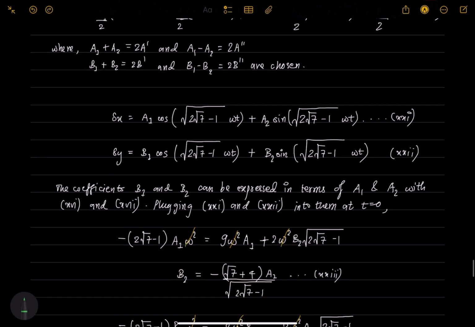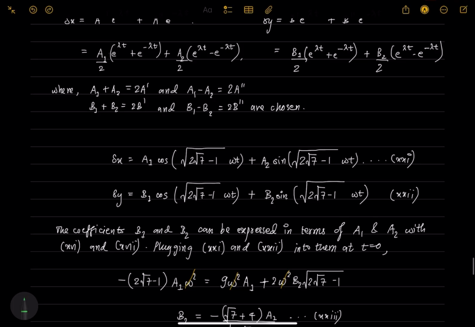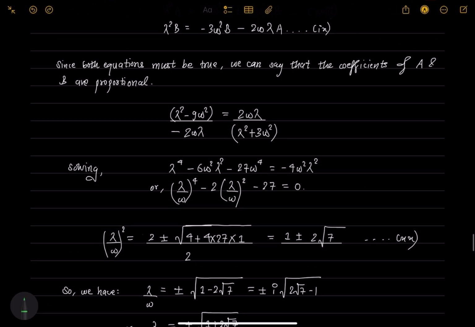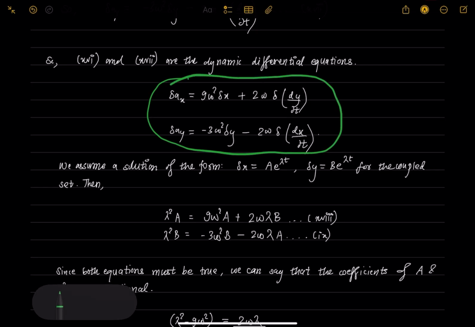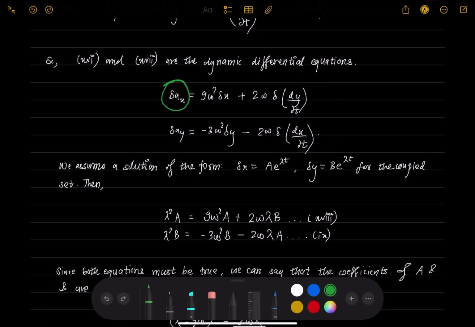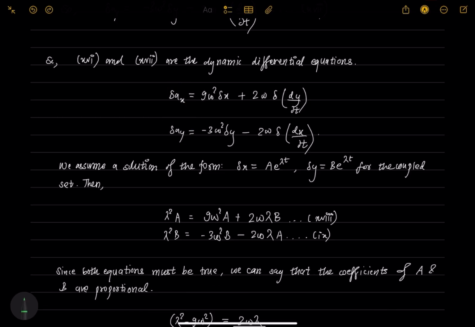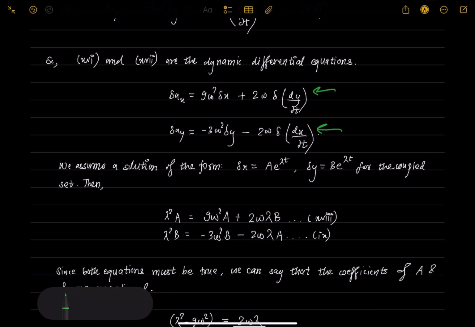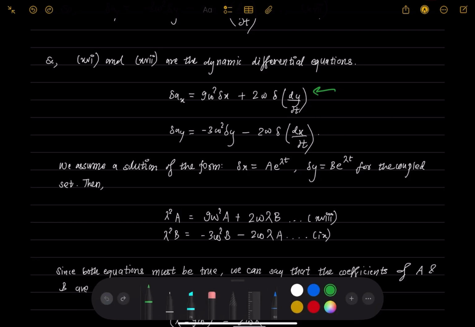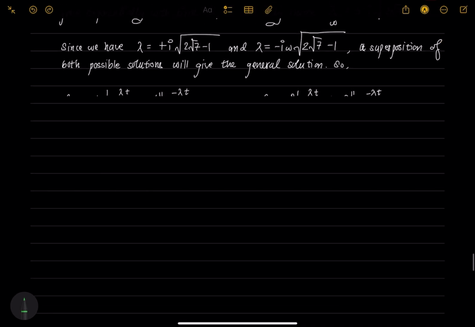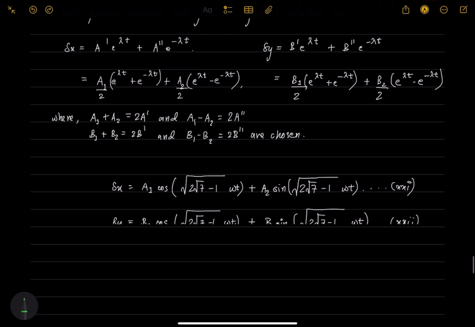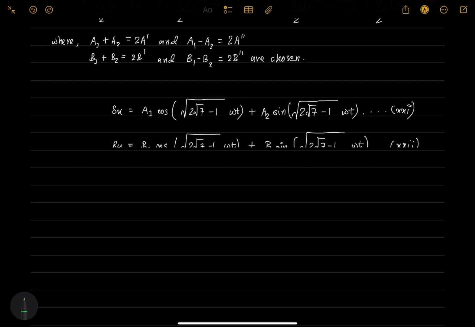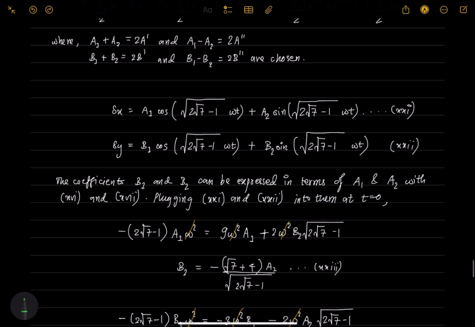The only constraint is that when we plug delta x and delta y back into the differential equations which gave birth to them, right, which is this. For delta x, we differentiate twice, and for delta y, we differentiate the expression for y twice. We plug in the time derivatives by differentiating once, and we basically plug those oscillatory modes in there. Basically, we plug the oscillatory modes into the differential equations which gave birth to them.